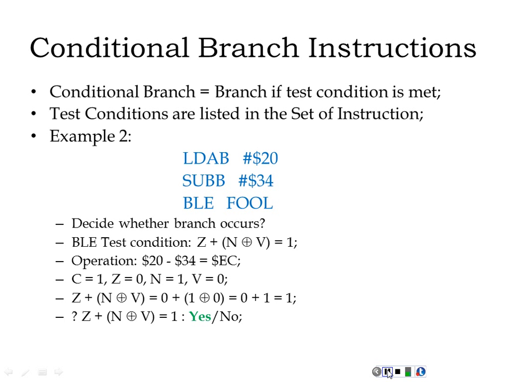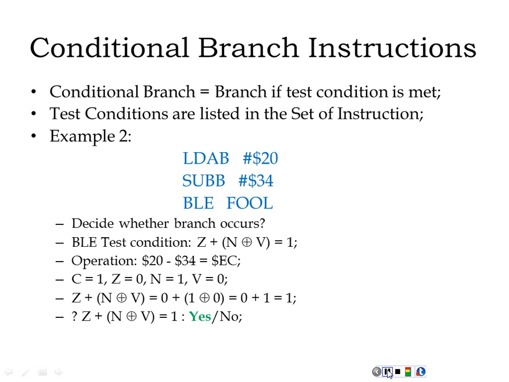So the N exclusive OR V part gives you 1, because 1 exclusive OR 0 is 1. So you get 0 plus 1, which is an OR, so at the end you get 1.